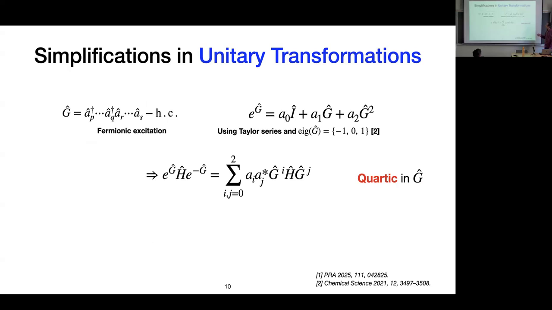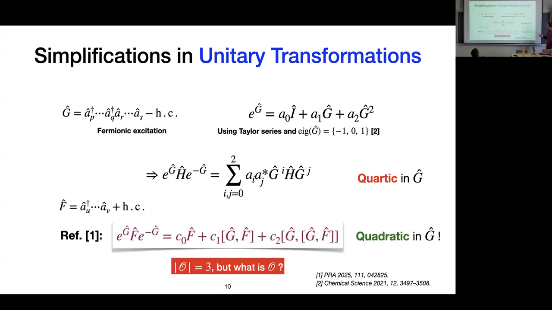This leads to a quartic expression in G. If I were to compute this classically, I can just use my computer or do a pen and paper calculation to get these expressions. So you need up to the 4th power in G. In this particular paper, what they showed is you can do this same transformation with just 2 commutators with G. So this is just quadratic in the operator G.